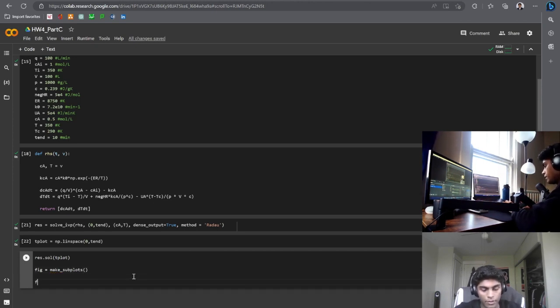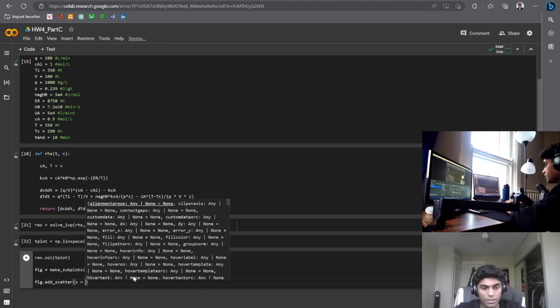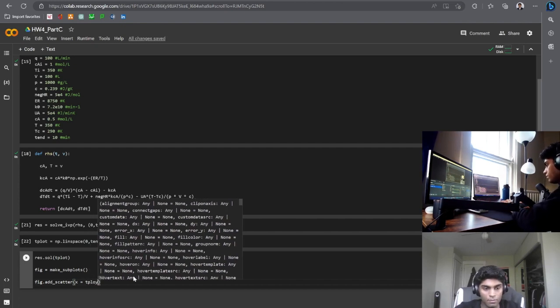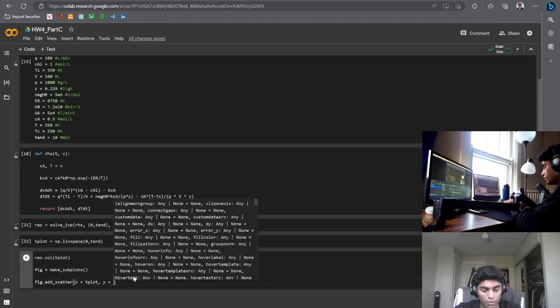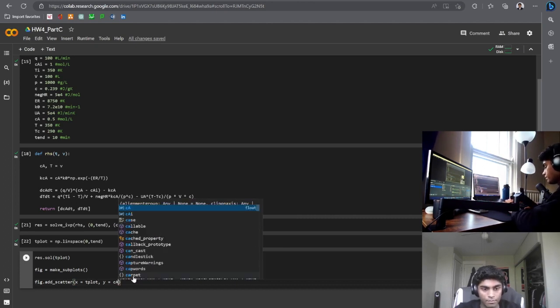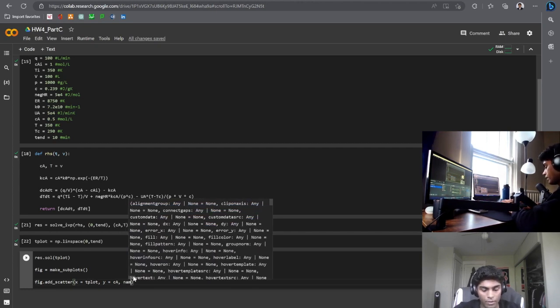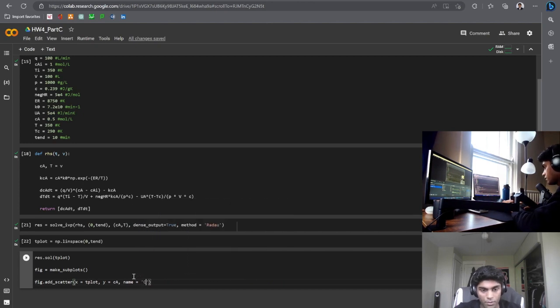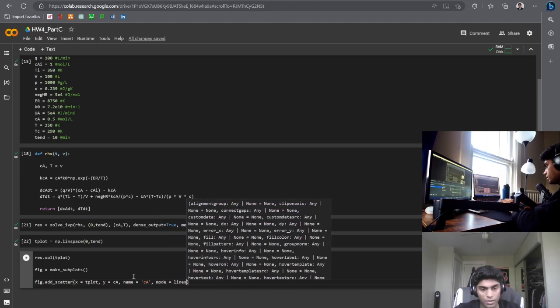So we'll go fig.add_scatter. We're gonna have our x equals t-plot, our y, for this one, we'll do CA. And we will have the name be CA, of course. Mode equals lines.